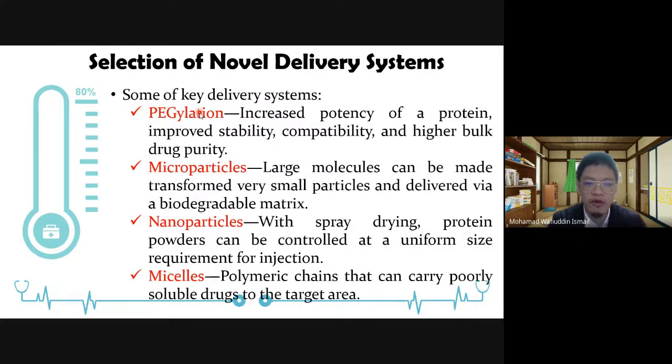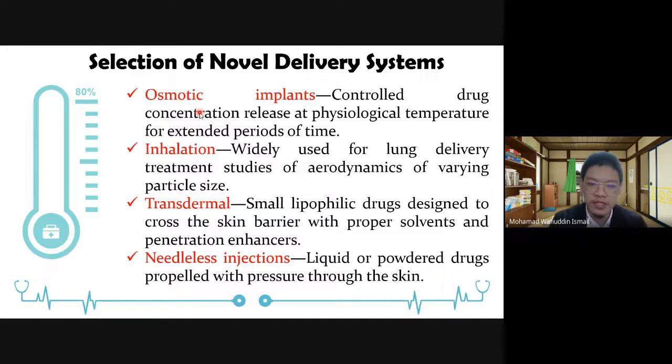More or less, this type of new drug delivery system relates to suitability in terms of what kind of application we want to use, what kind of protein, what kind of drug we select. Can it be given as much as possible? Is it good for the patient? Is it good to treat the diseases? So that's the idea behind making a new type of delivery system.